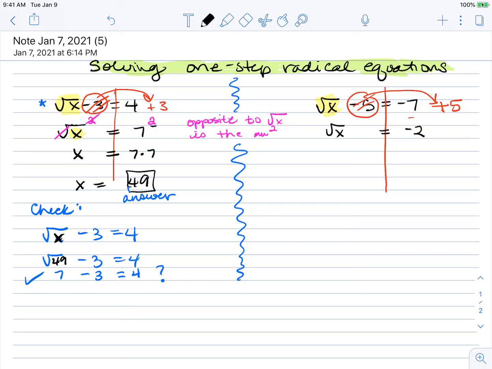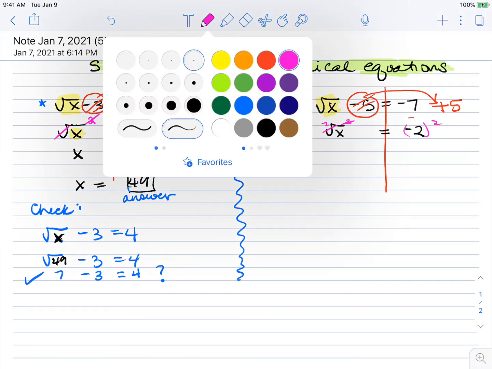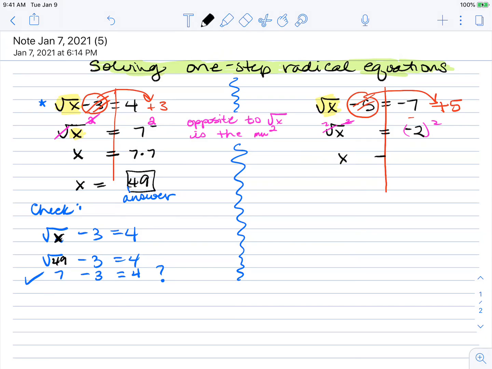And then I'm going to square both sides. This undoes the radical, because there really is an index of 2 here. And on the other side, I get negative 2 times negative 2.